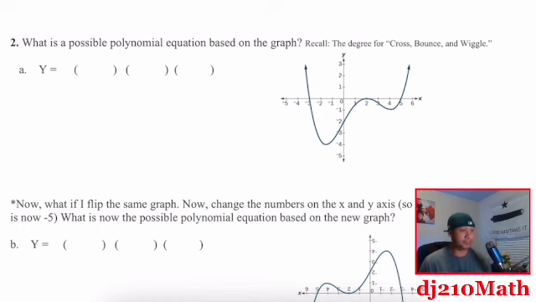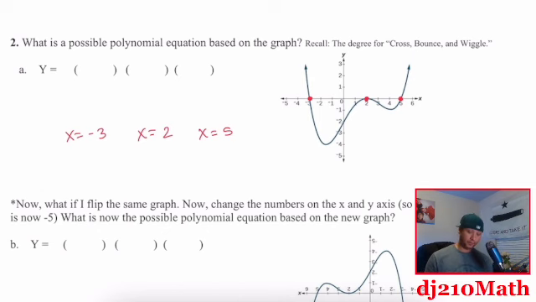So now getting to number 2. What is a possible polynomial equation based on the graph? Okay. So let's just analyze the graph real quick. So the roots, right? The roots: x equals -3, x equals 2, and then x equals 5.